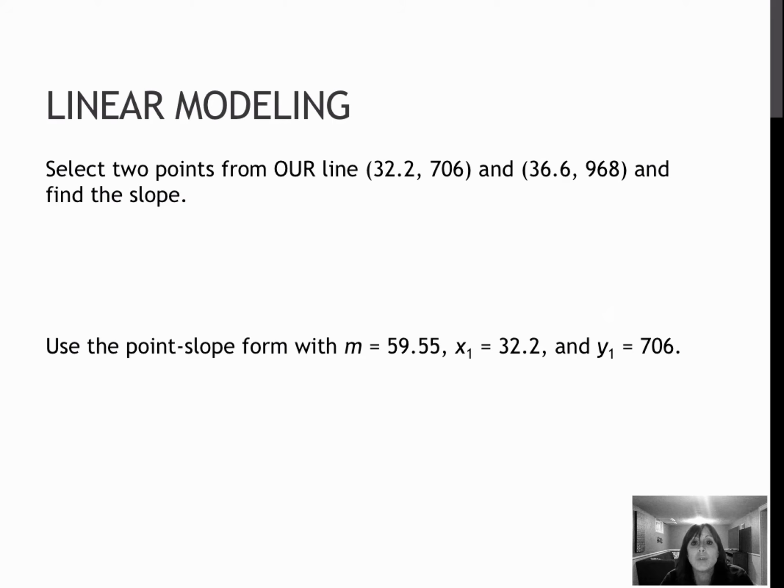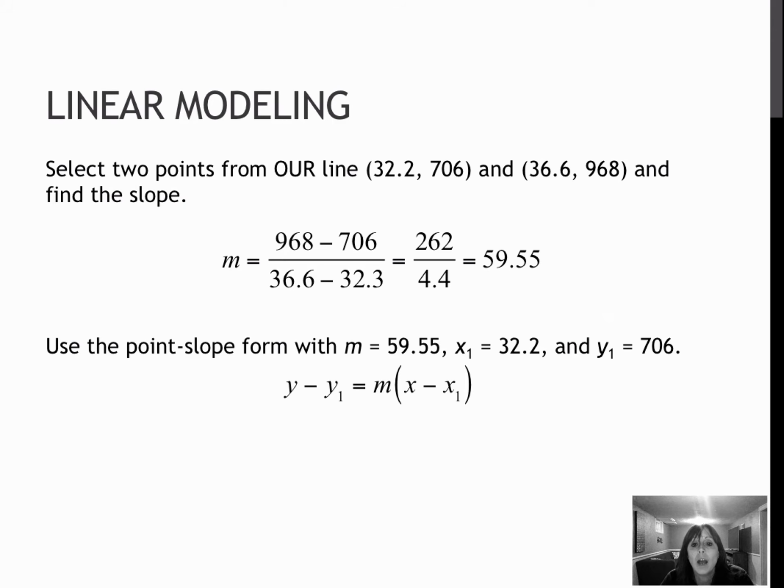So if I were to use these 2 points to find the slope, I would use my normal slope formula, y2 minus y1 over x2 minus x1, and we can see the slope I get is 59.55, which of course is rounded. In general, when we round, you round to 2 or 3 decimal places. Next, I'm going to use point slope form, and remember point slope form, I'm going to use the slope that I just found, which is the 59.55.